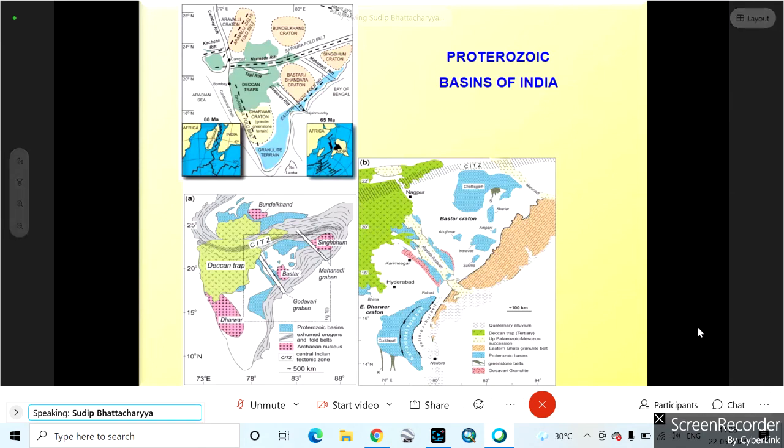Some papers are coming in present days saying that hydrocarbon potentiality is there in the Kadapa and the Vindhyan, and we can extrapolate something from there regarding hydrocarbon potentiality. That is later. So, Proterozoic basins.